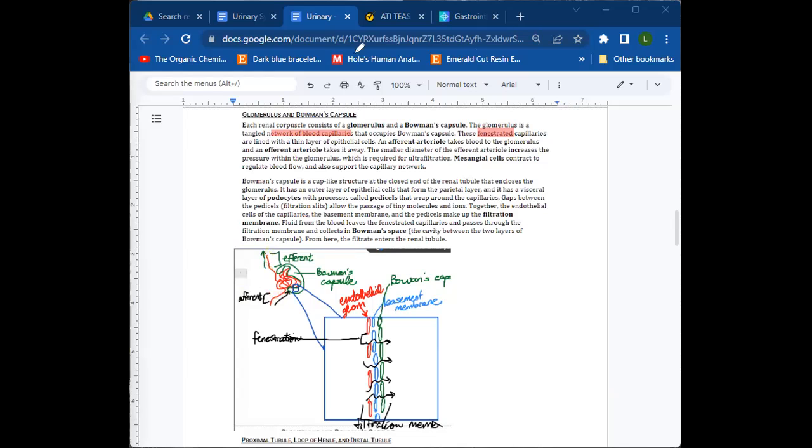Let me also add that. Afferent is A for arriving, and then efferent is E for exiting the glomerulus. We do need to know that the efferent arteriole has a smaller diameter than the afferent arteriole.